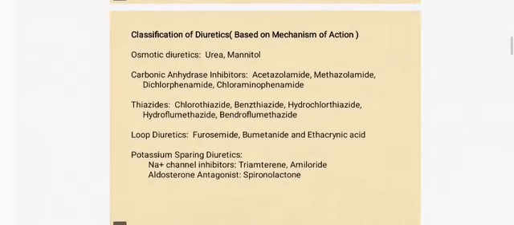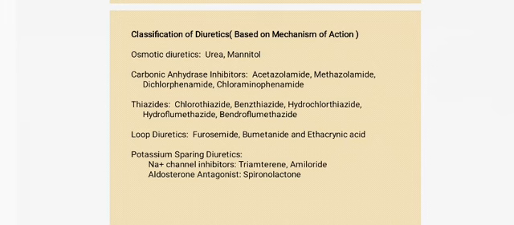Next is the classification of diuretics based on their mechanism of action. The first is osmotic diuretics. Examples of the drug are urea and mannitol. Second is carbonic anhydrase inhibitors. Examples are acetazolamide, methazolamide, dichlorphenamide, and chloraminophenamide.